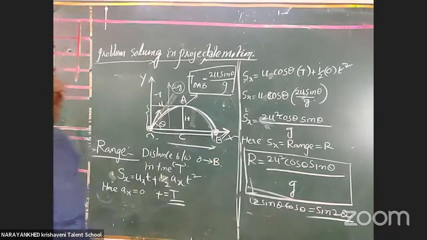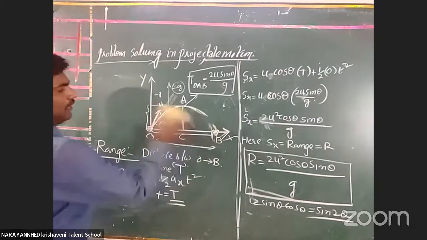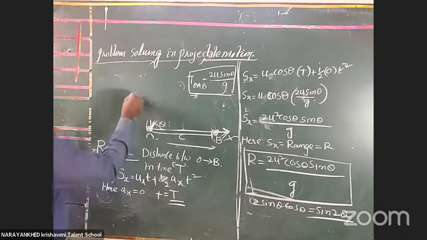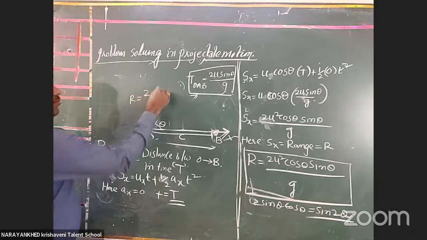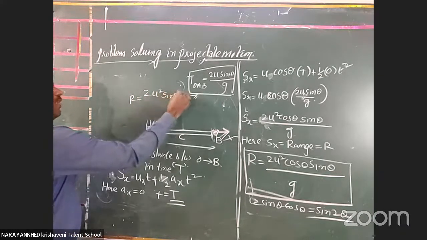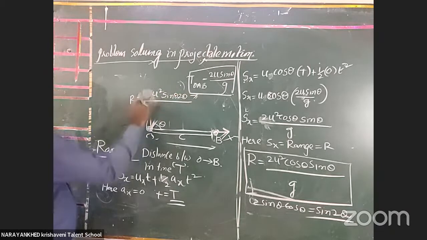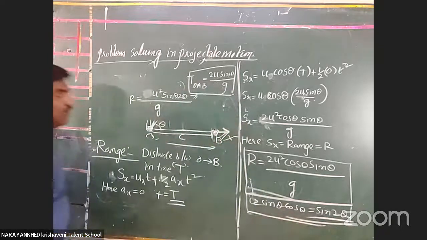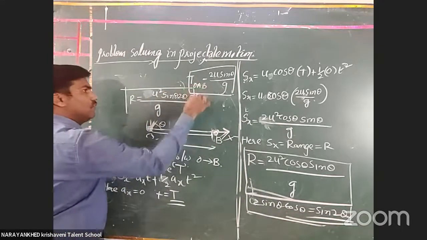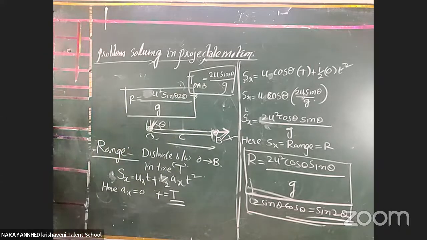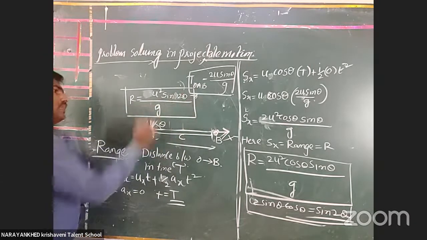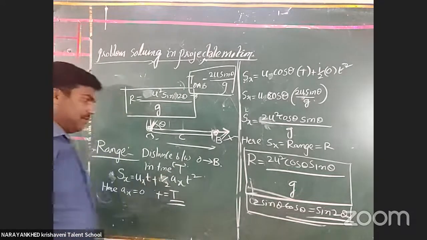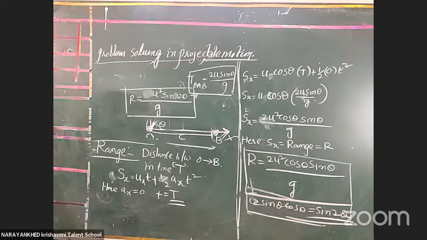Then R, the range of the particle from O to B, is written as R is equal to u square sin 2 theta by g. This is the formula we have. You have to write it totally.